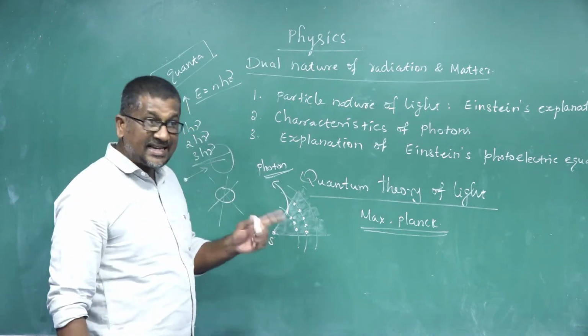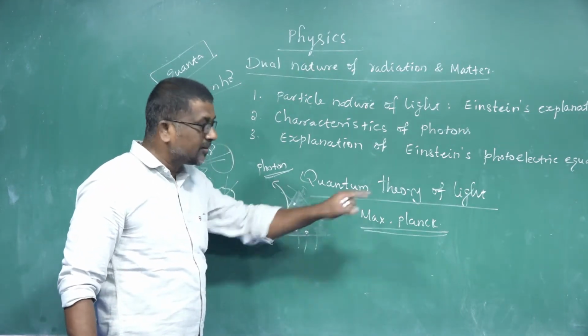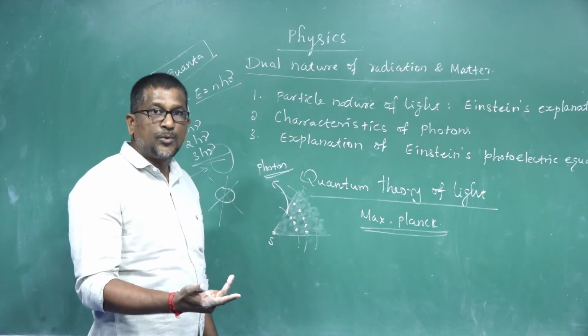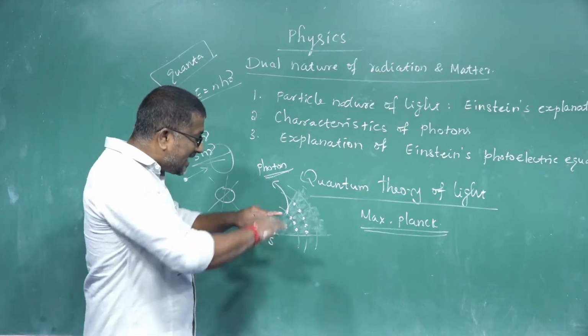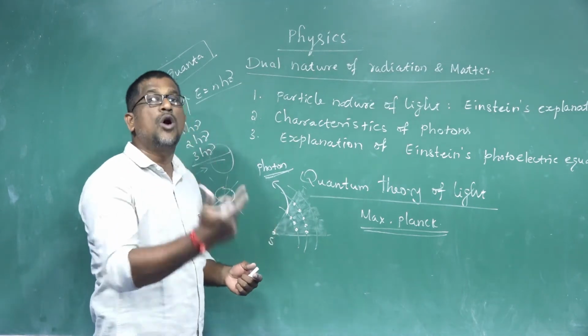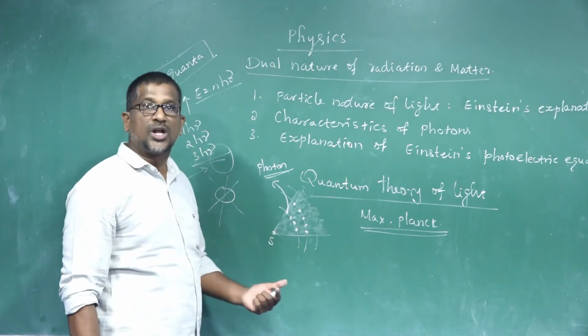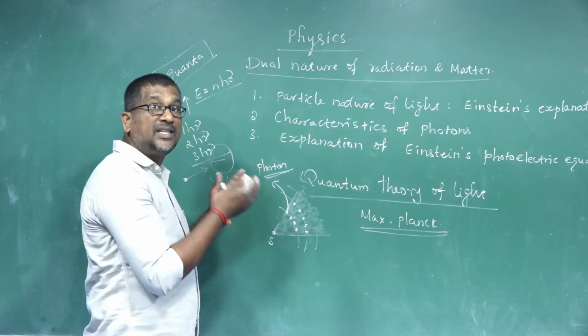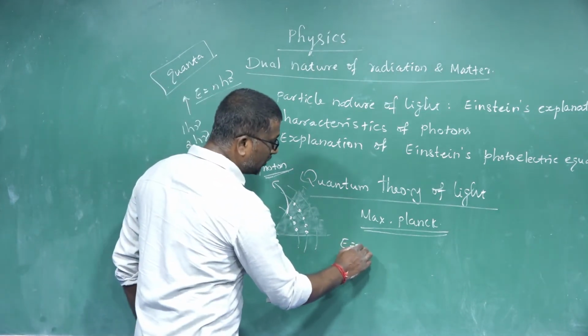So Albert Einstein extended Max Planck's idea in the quantum theory of light and proposed that light energy is concentrated in small packets of energy called photons. The energy associated with each photon is E equal to h nu.